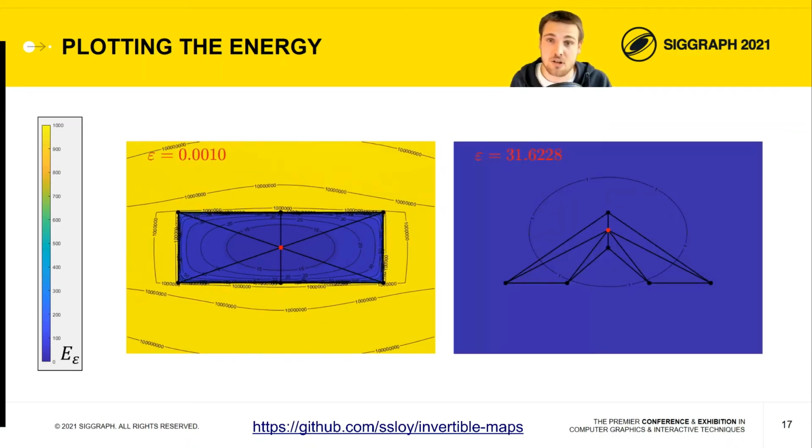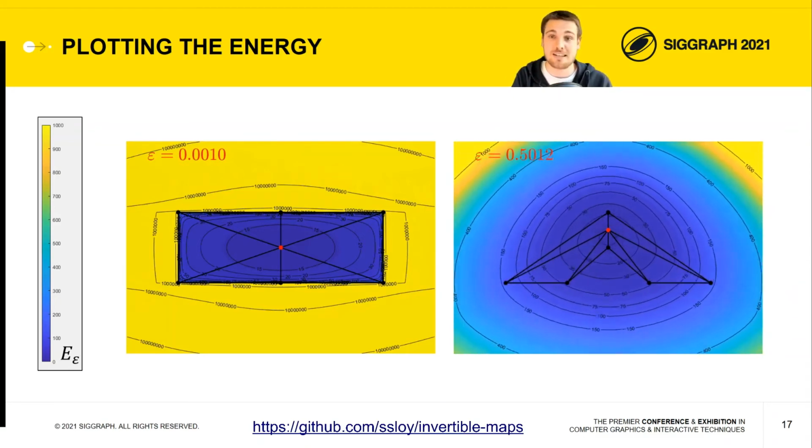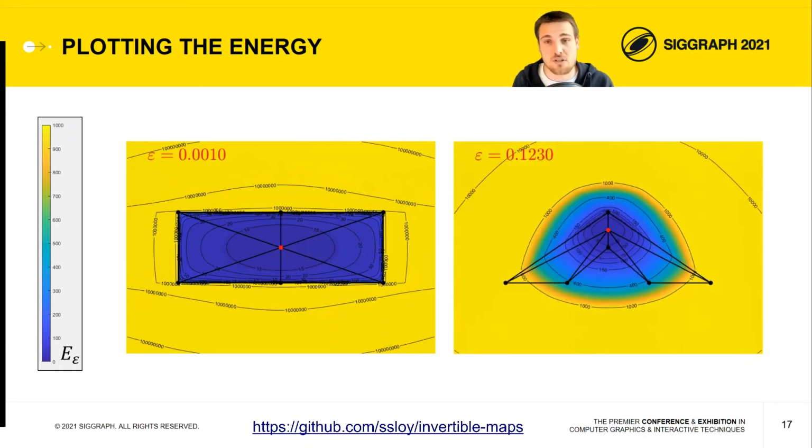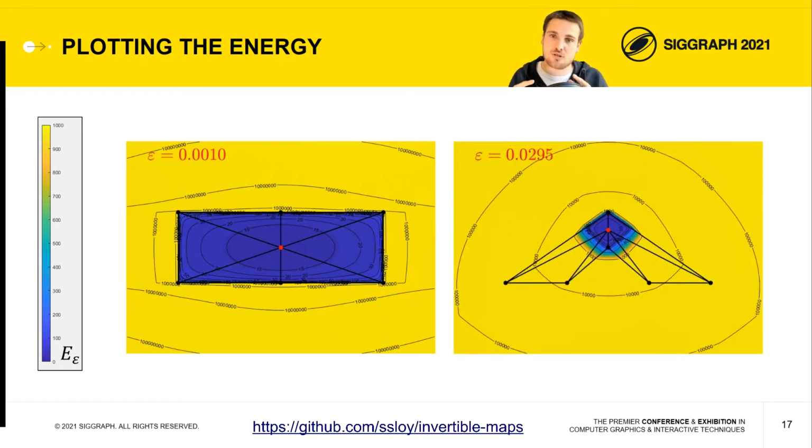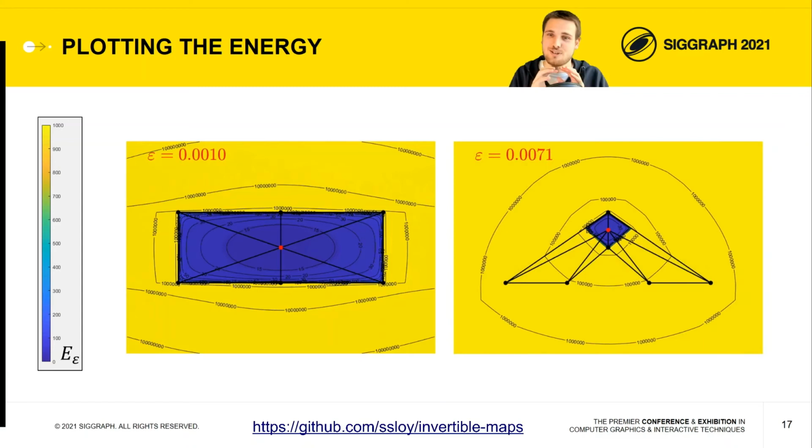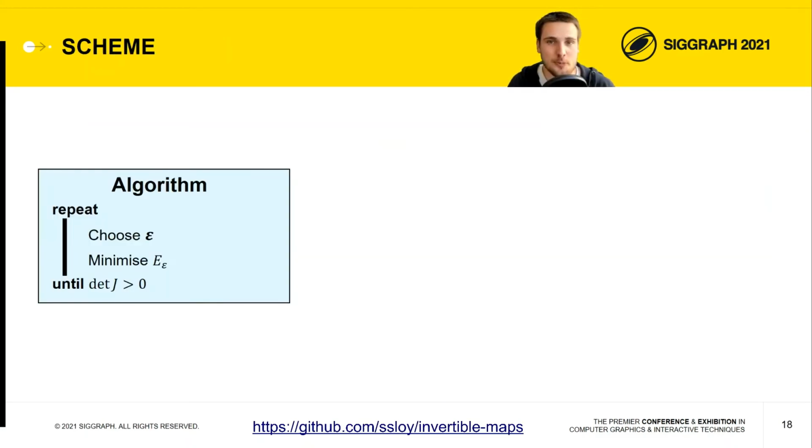We can take a new mesh, a bit more difficult, which here is not convex, and we can do a similar process. What we can see is that while in the first one, all values in the mesh are good, in the new one, we are restricted to a small quadrilateral, which does not represent all the mesh. To obtain a valid mapping, the process is very straightforward. We start with an initialization, and then we choose an epsilon, and optimize the energy for the given epsilon.